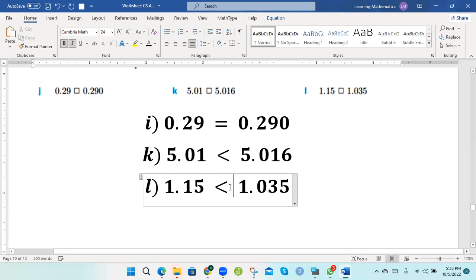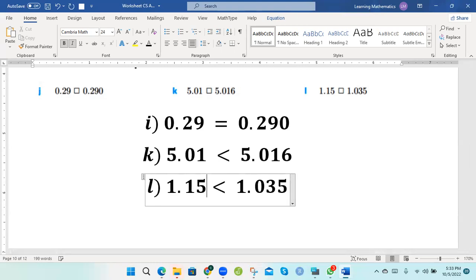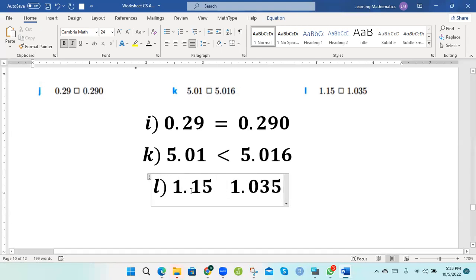And let us decide in which direction the inequality sign must point. You have 1.1 and you have 1.0. 1 is greater than 0. So clearly 1.15 is greater than 1.035. That's like an 11 and that's like a 10, if you want to look at it that way.